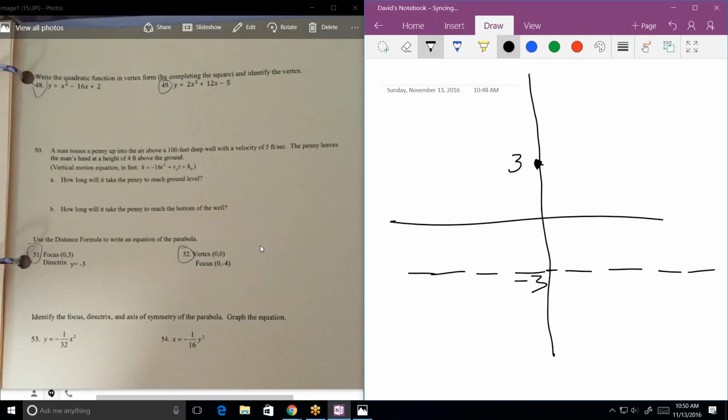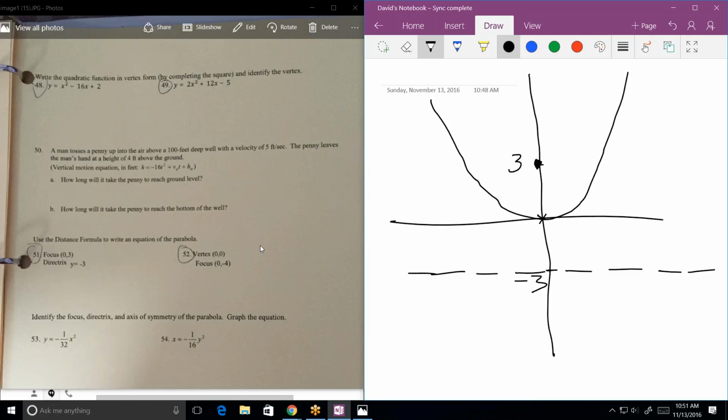Where's the vertex? The vertex is 0, 0. Right there. And now we know it does open up. In other words, it has to look like that, because we know the focus is inside the parabola, so it has to open up, not down.